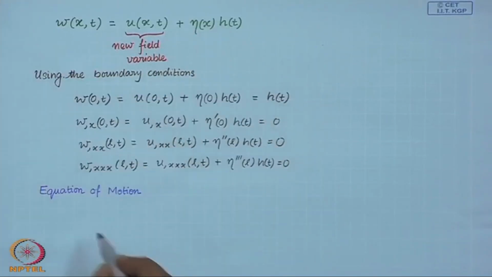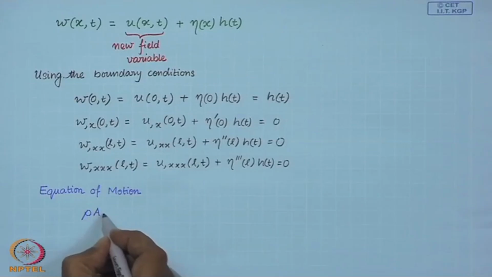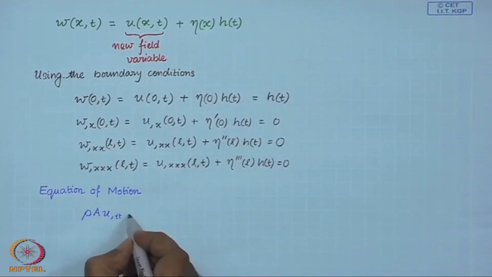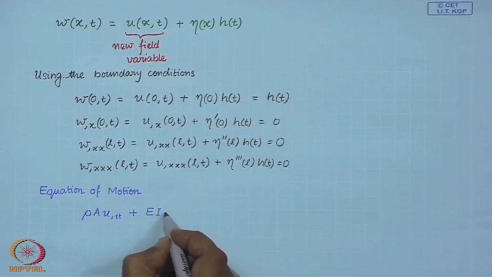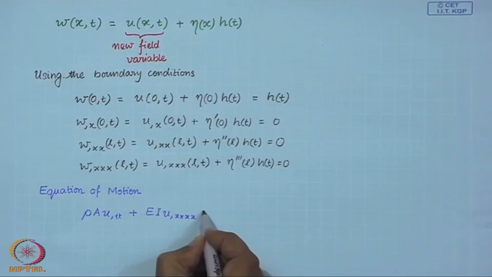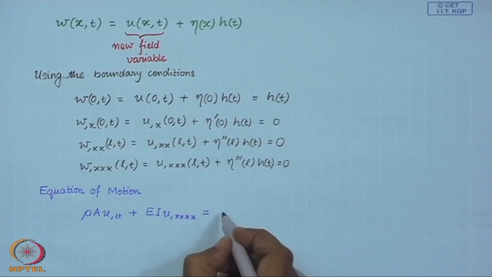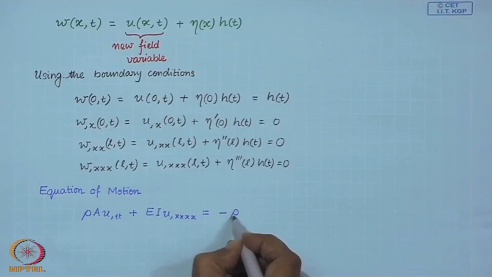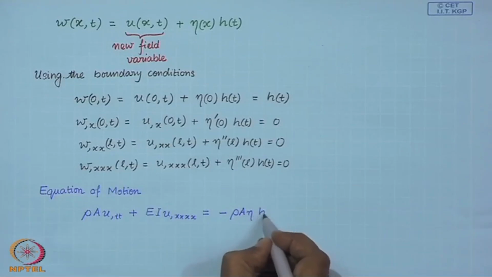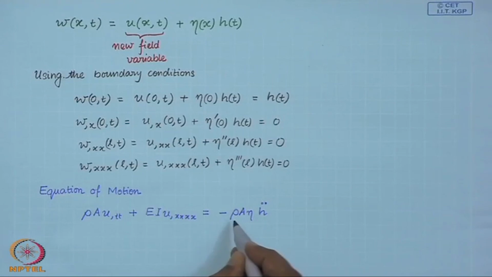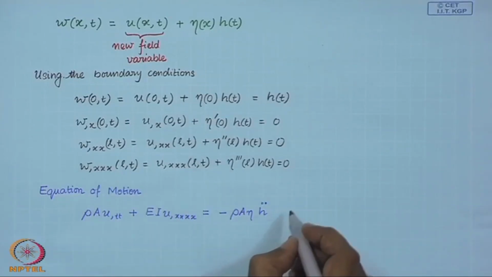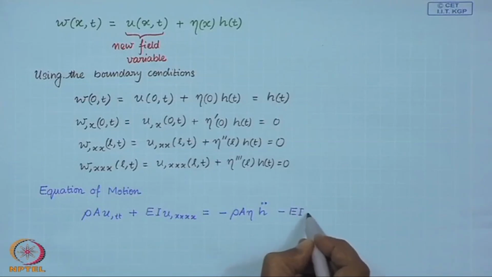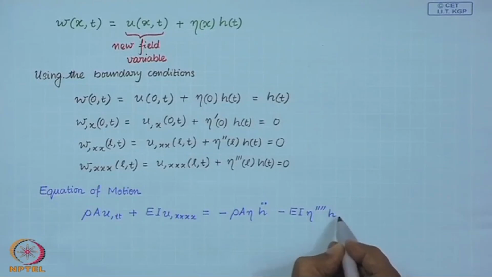If you substitute this in the equation of motion, that is equal to minus of rho a eta h double dot, that comes from the inertia term, and similarly this comes from the flexural stiffness term.